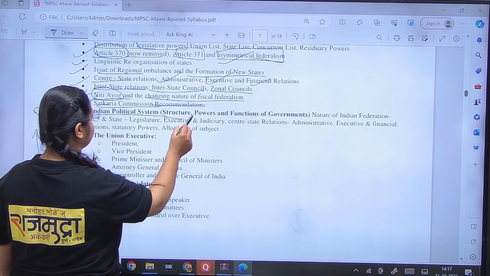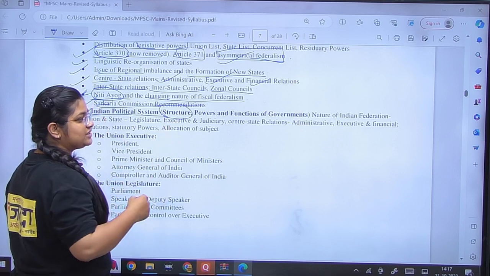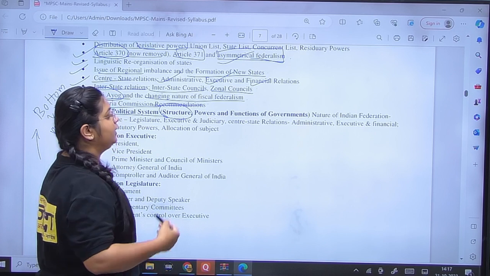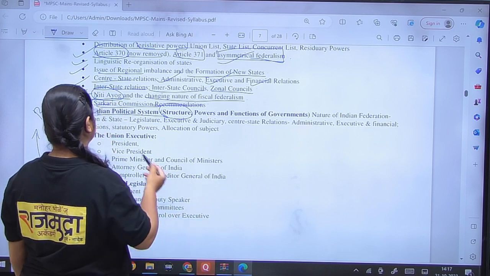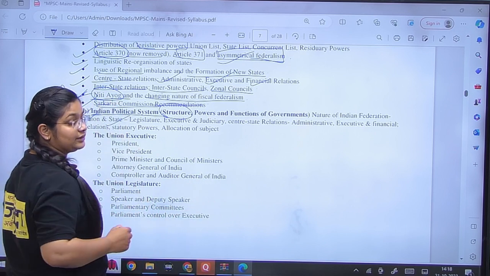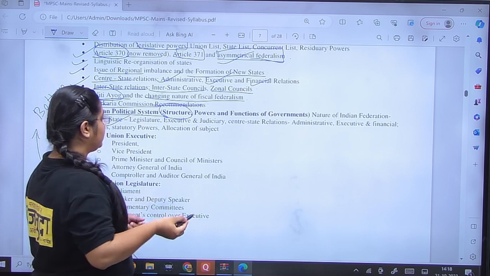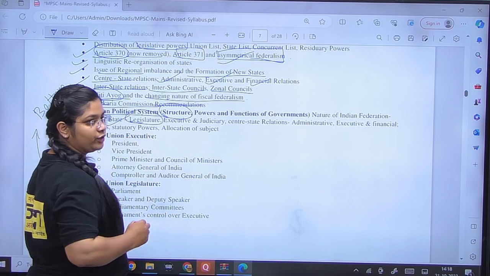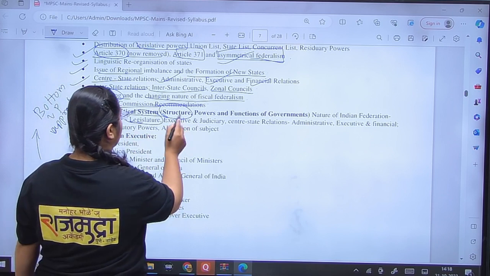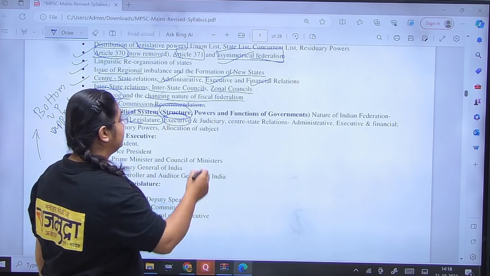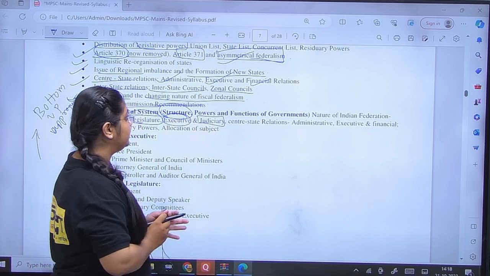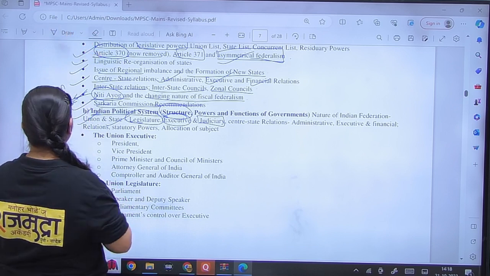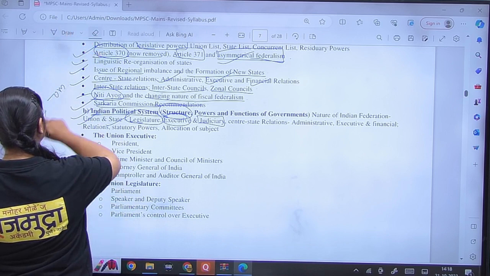Next in our syllabus is the Indian political system. What is the structure of the Indian political system? Powers and functions of the government. Nature of the Indian federation, that is union and state. Then how the legislature works, how the executive functions, what is the judiciary. In the above point we have also seen the independence of judiciary.